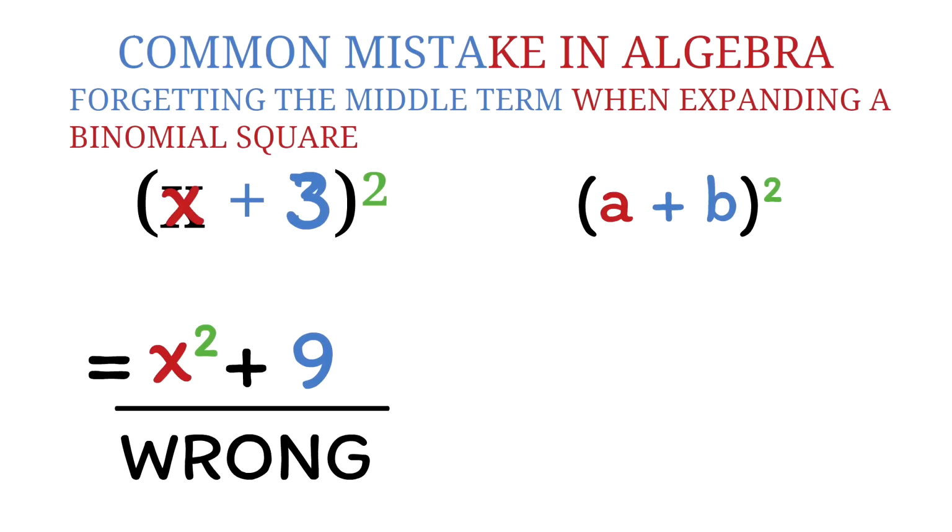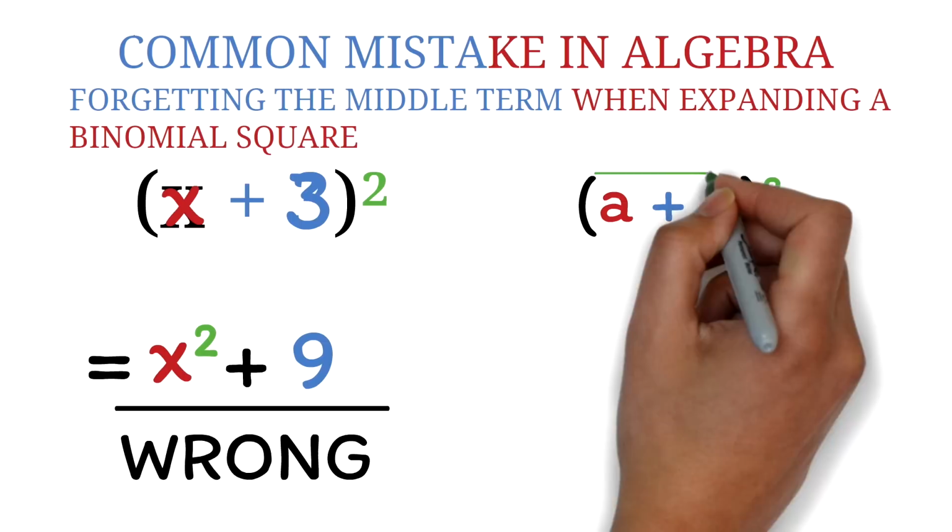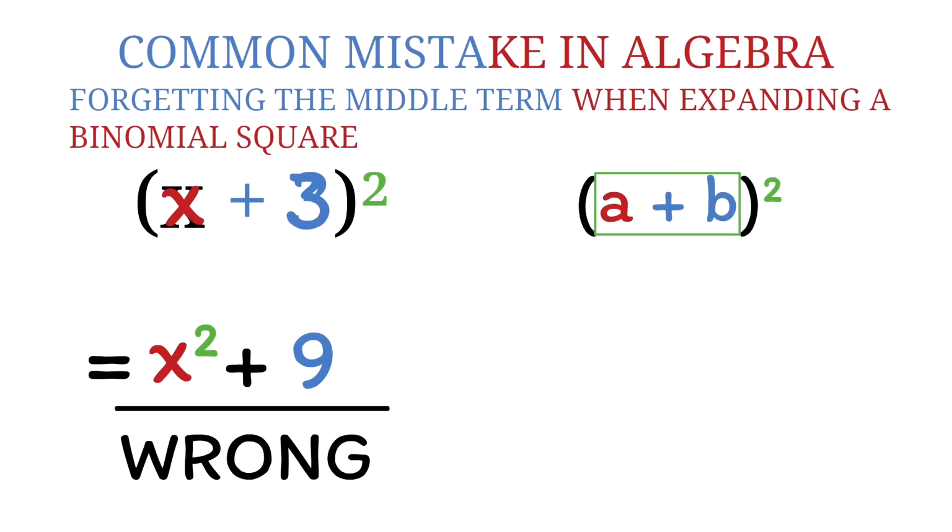When you have a binomial square, note that the different terms inside the parentheses are considered as a single grouped expression. So the square applies to the entire group inside the parentheses as one unit, not to each term separately. Squaring a grouped expression follows a different process than simply squaring one term.